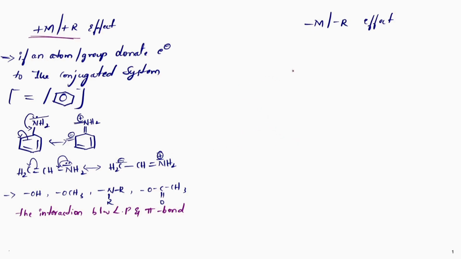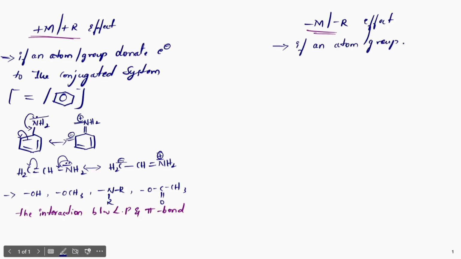If we move to negative mesomeric effect, consider an atom or group which withdraws electrons from the conjugated system. This is nothing but negative mesomeric effect.